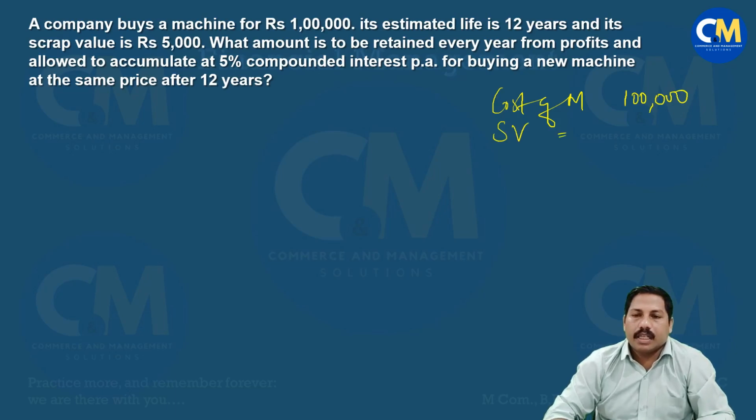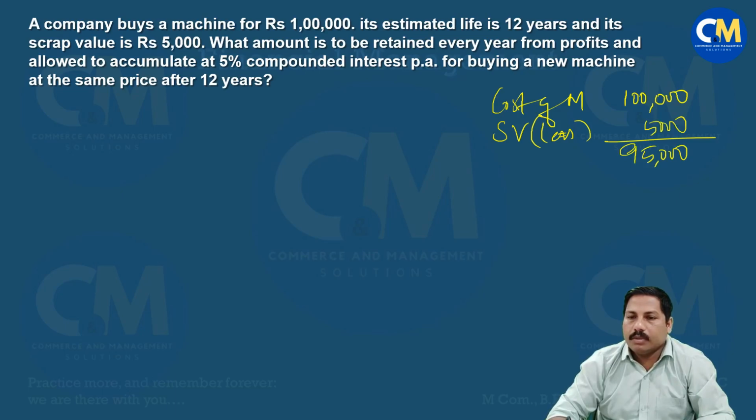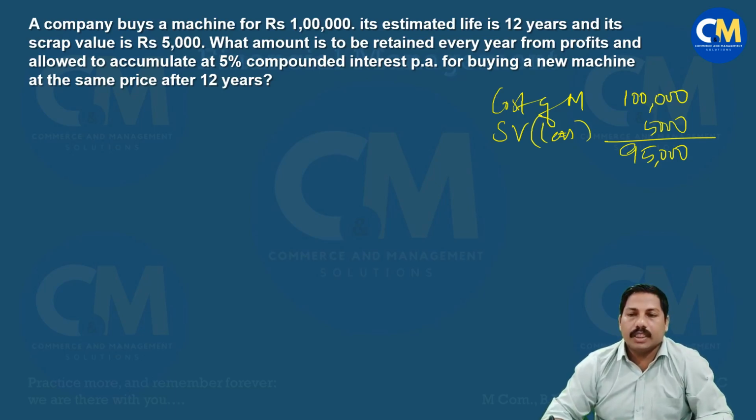Here we can deduct the scrap value of 5,000. So the amount will be 95,000. It means at the end of the 12th year, the company must have 95,000 rupees in their account to buy a new machine.